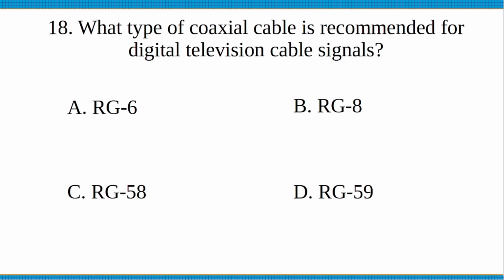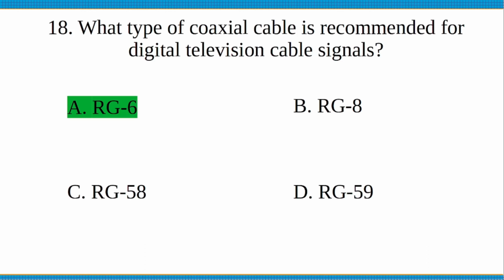Number 18. What type of coaxial cable is recommended for digital television cable signals? A. RG6. B. RG8. C. RG58. D. RG59. The answer is A. RG6.